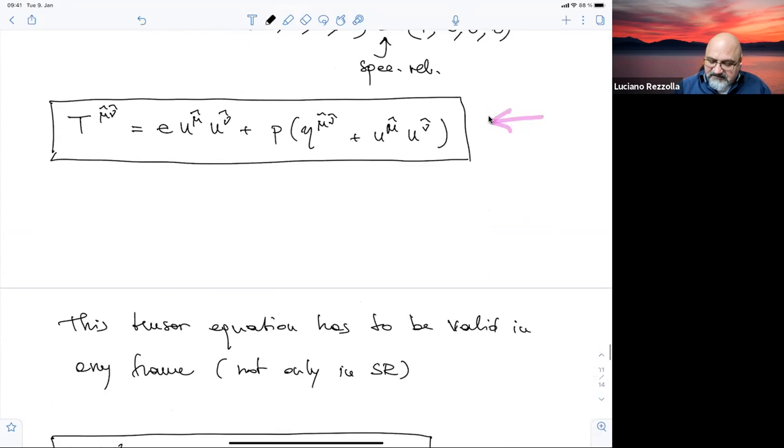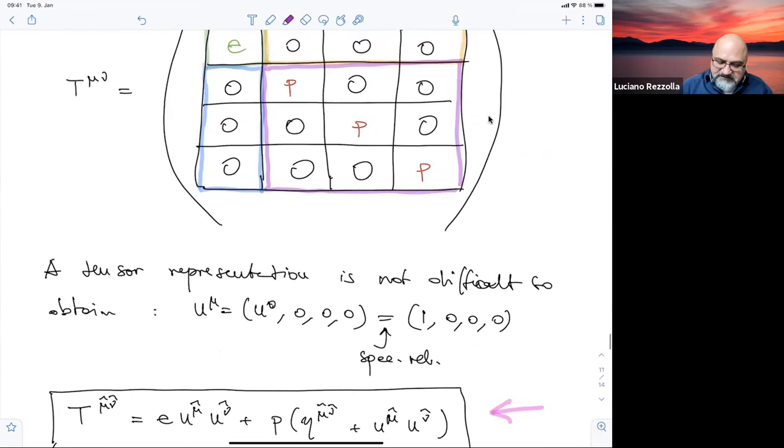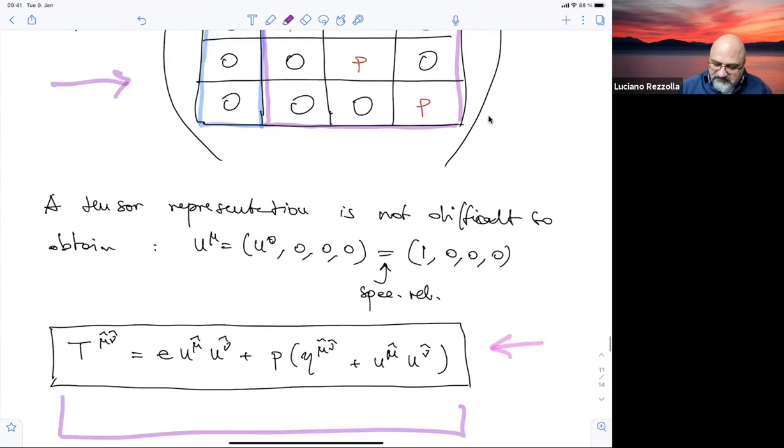This expression that I have here is just a way of representing this tensor, given this frame over here. So I'm not making any assumption on the properties of G. Does this answer your question?